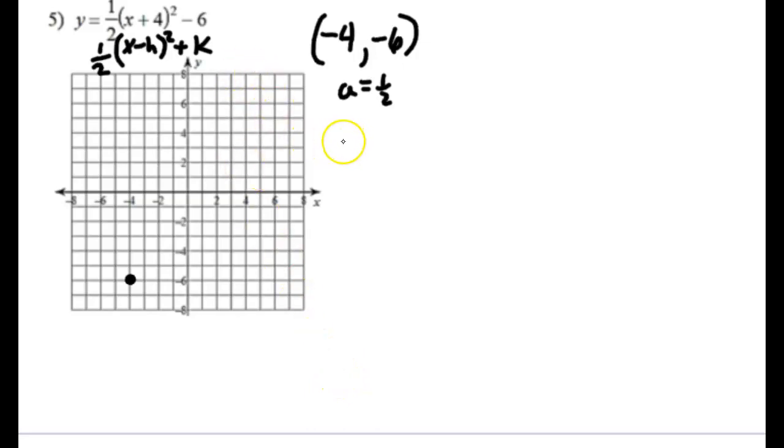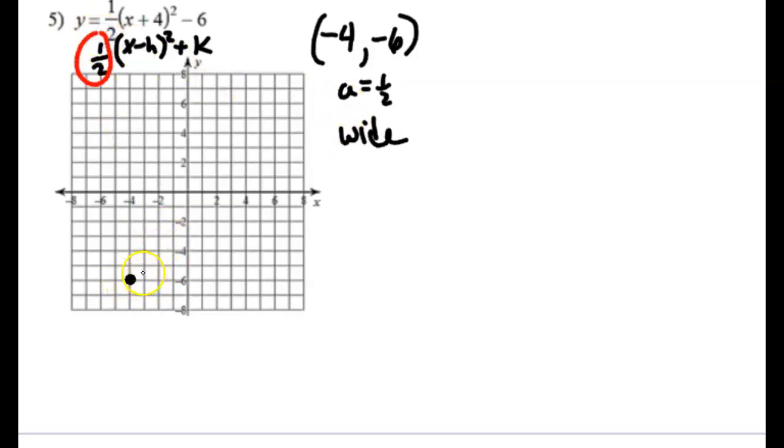And does anybody remember? A 1/2 actually makes it go up half as fast, so it's going to be wide. Okay, it's going to be wider. Now, the Hofbauer trick is it would normally go over 1, up 1, over 2, and then up how many? 4, because you're squaring it, but we have to multiply those by half.